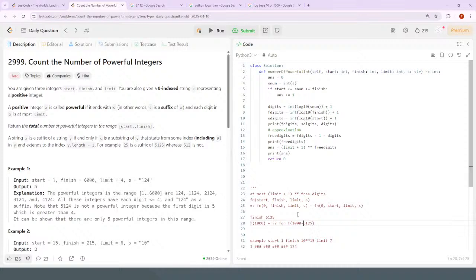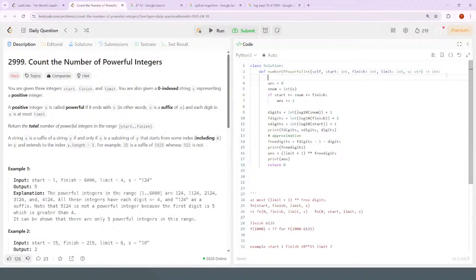But the other stuff is handled within the other overall calculation. Okay, I think that makes sense.